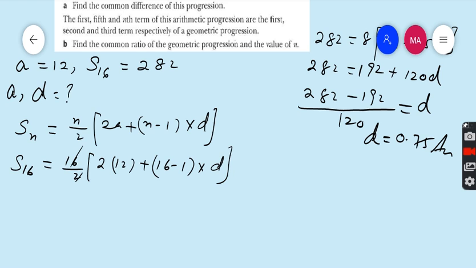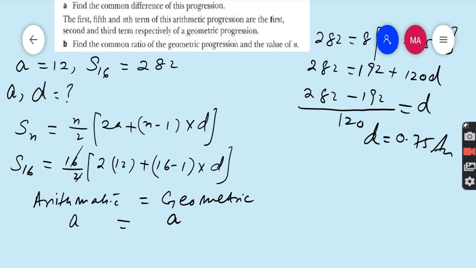The first, fifth and nth term of an arithmetic progression are the first, second and third term of a geometric progression. So first is arithmetic and second is geometric. The first term of arithmetic is equal to the first term of geometric.